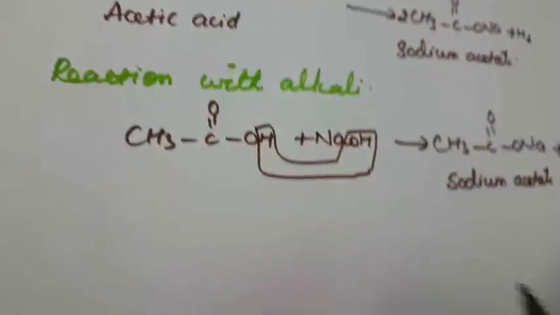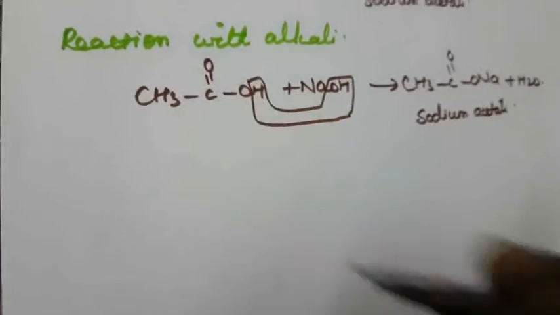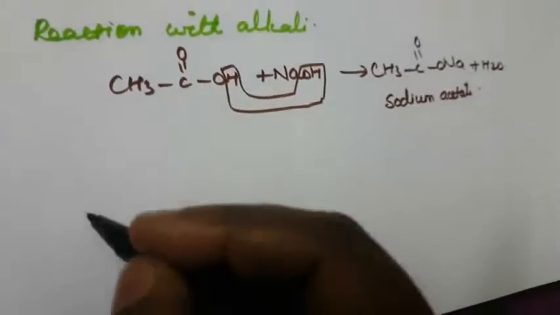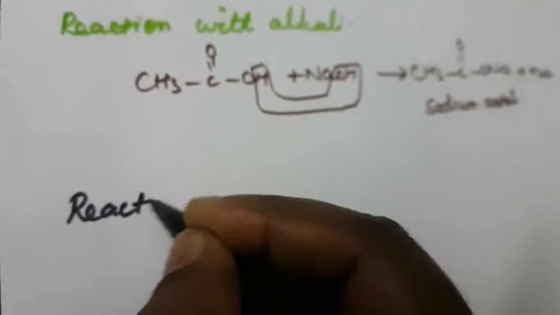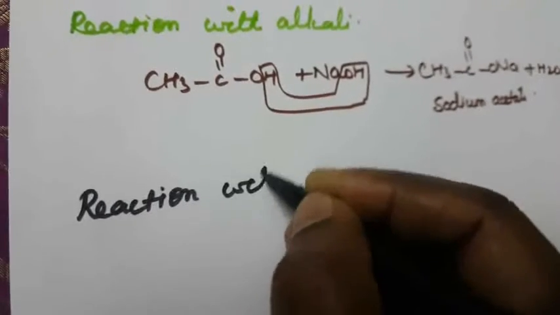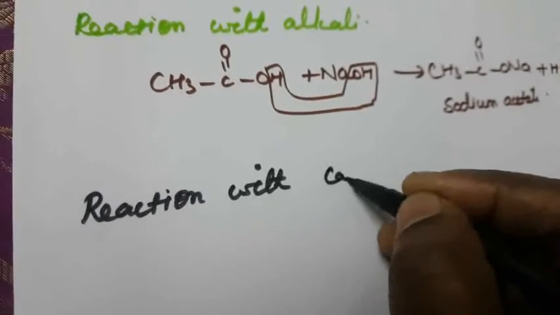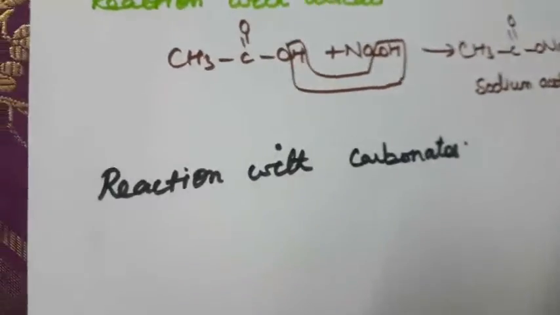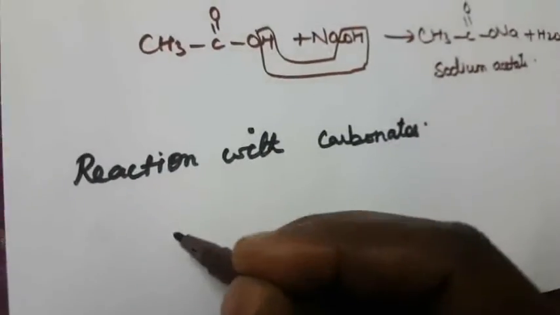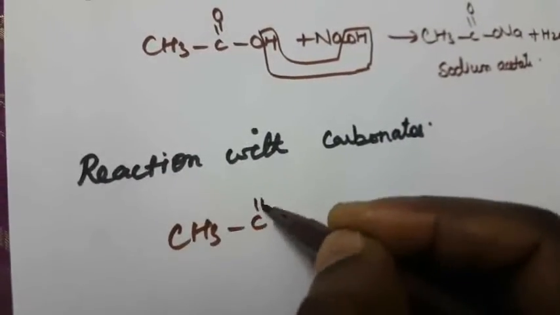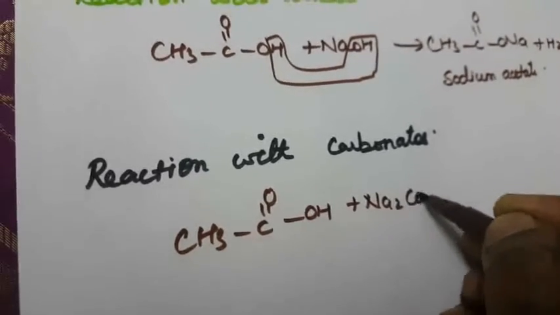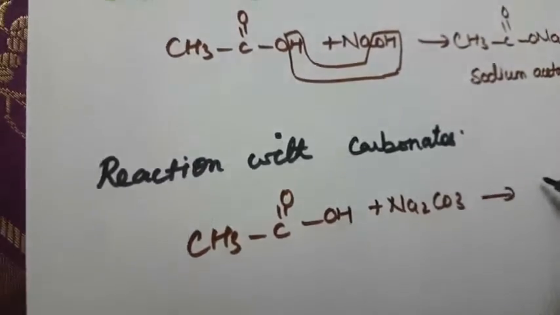Next one is reaction with carbonates and bicarbonates, the test for carboxylic acid. Again acetic acid, CH3, C double bond O, OH plus Na2CO3, sodium carbonate, to form sodium acetate.